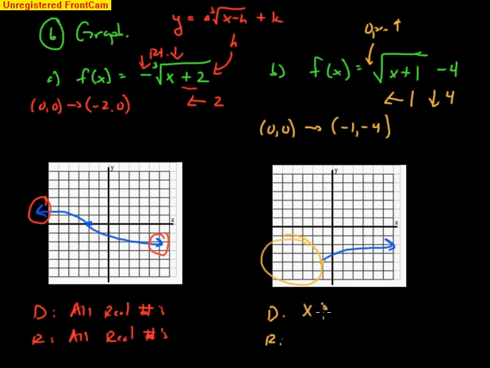So your domain is x is greater than or equal to -1. The range is the y's, and that's down to up. So we start down. Here is our lowest y value, and that's at 1, 2, 3, 4, -4. And it goes up. So your range is y is greater than or equal to -4. And there's a graph of a cube root and a square root function.